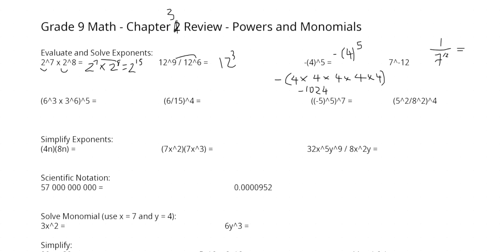Now, the next question is 6 to the power of 3 times 3 to the power of 6, all to the power of 5. So you can see that everything inside the bracket is multiplied by what's outside of the bracket. So basically, whenever you have a bracket, that's the only time you multiply the exponents. Remember?